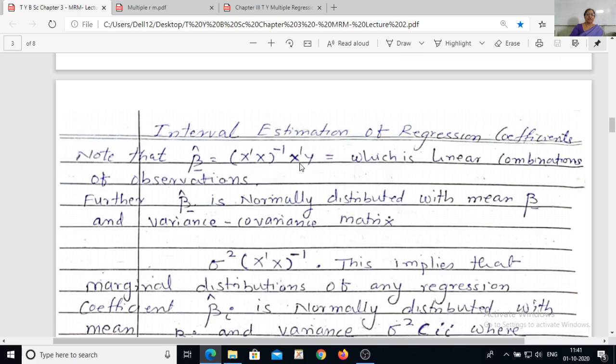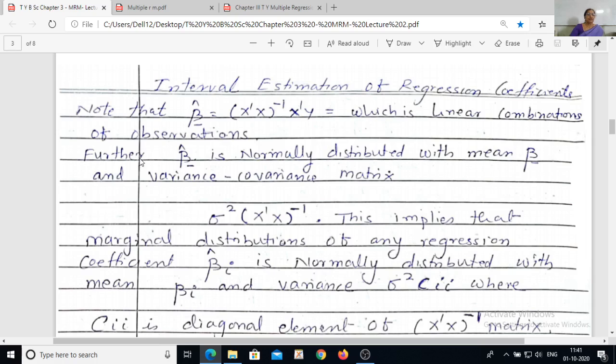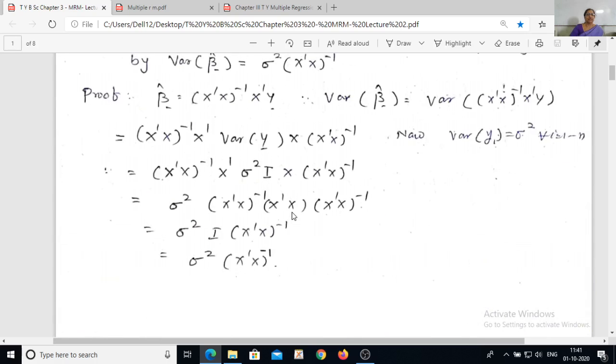Therefore beta cap is a linear combination of y observations. Further, beta cap is normally distributed with mean beta and variance covariance matrix sigma square (X'X) inverse, which we have proved here, isn't it?